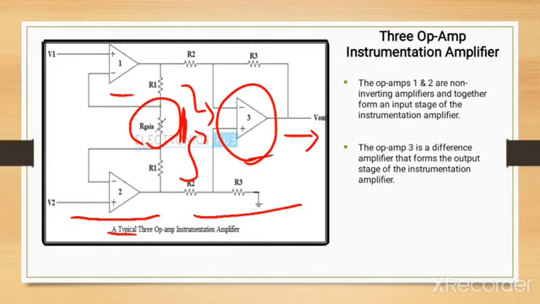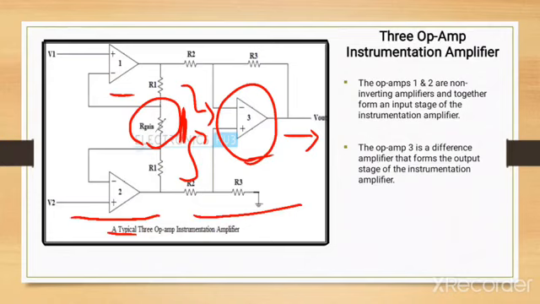R gain is a variable resistor, and you can vary it to adjust the gain of the amplifier. The gain amplifies the low level input signals to the signal that is wanted in my output part, so R gain plays the major role here.